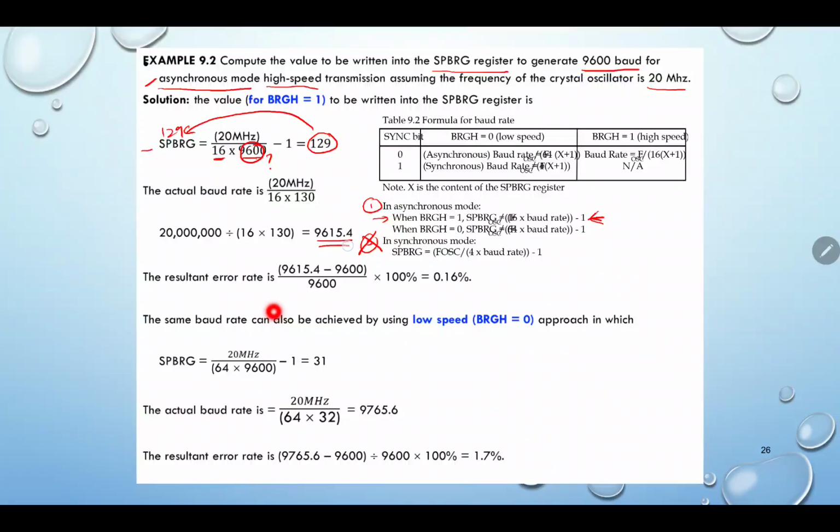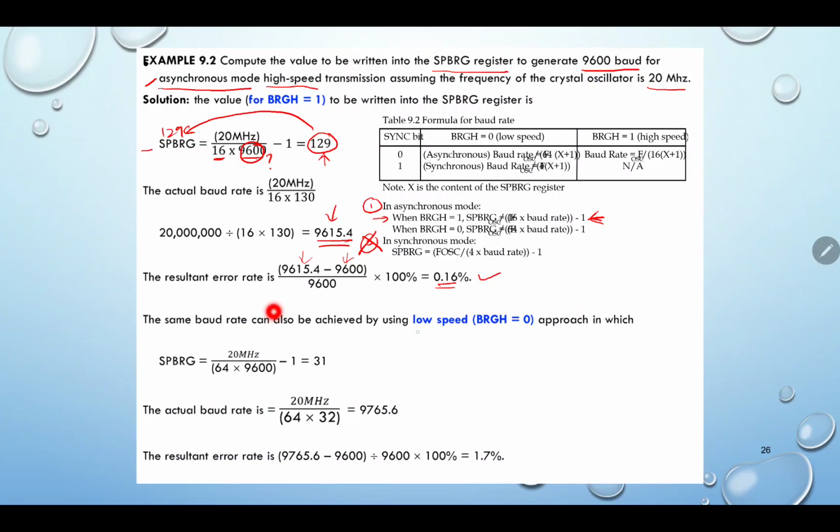This is the actual baud rate that you will get when you load the value 129 into the SPBRG register, even though the question asks for 9600 baud rate. So you can find out the theoretical and also the actual calculation. This formula is just to calculate the percentage error between what is wanted and what is generated. It's only 0.16 percent error.